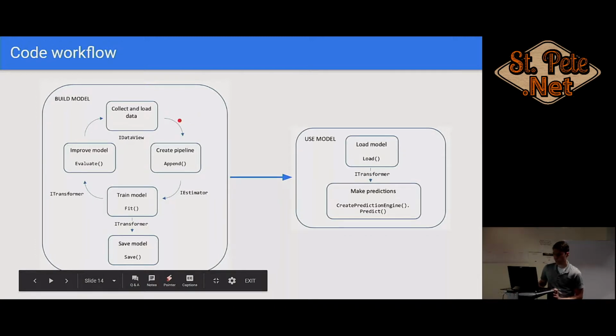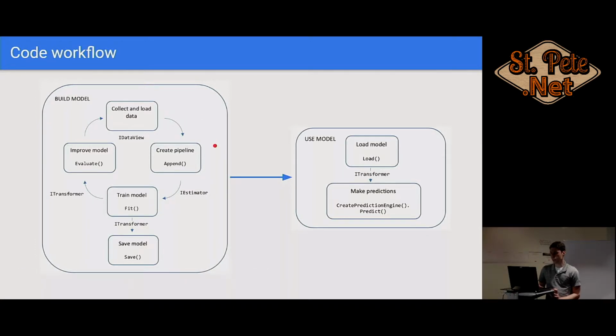This diagram shows a diagram version of the basic code that was written before. You start here by collecting and loading data using the IDataView. Then you create a pipeline using the append method, and then use an estimator to fit your model to be trained.